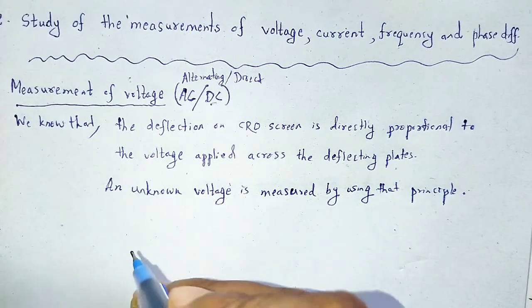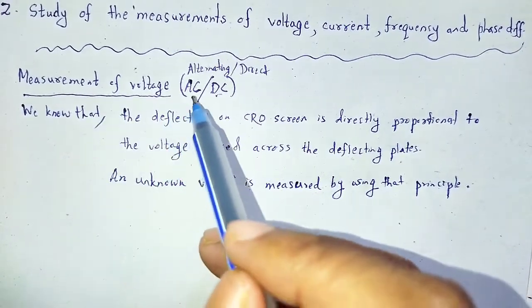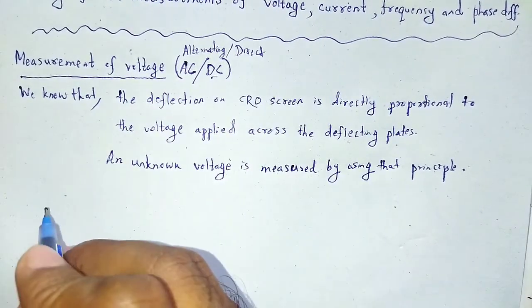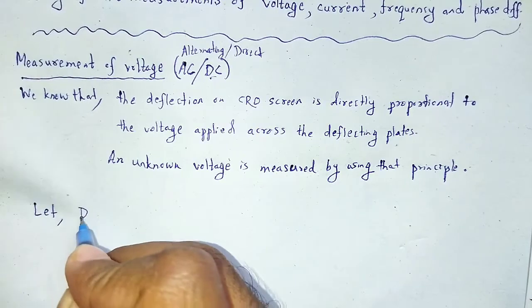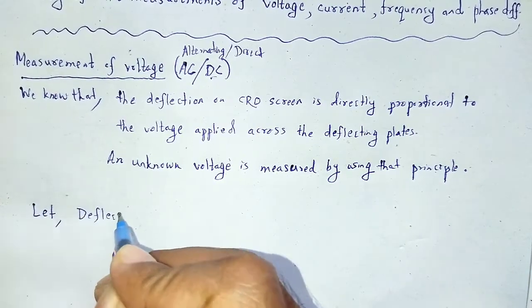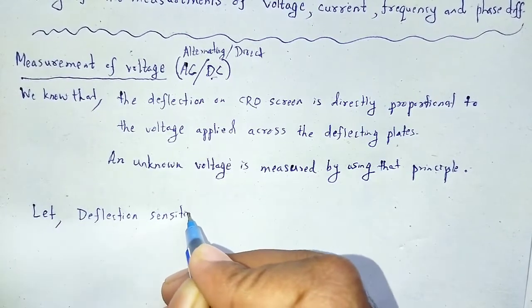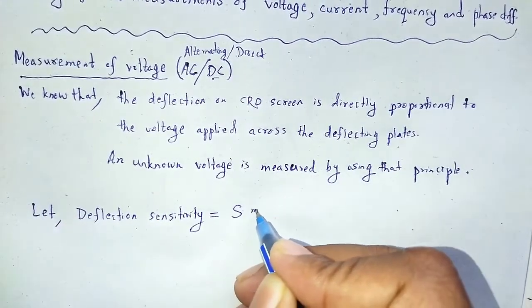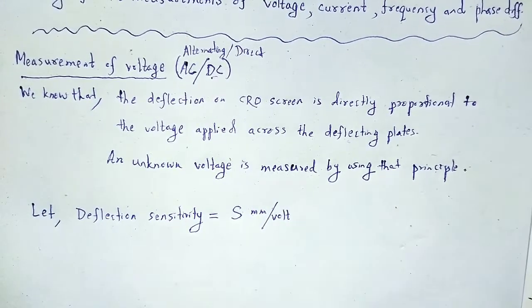Now, mathematically we have to show how an unknown voltage is measured. Let the deflection sensitivity be S millimeter per volt.